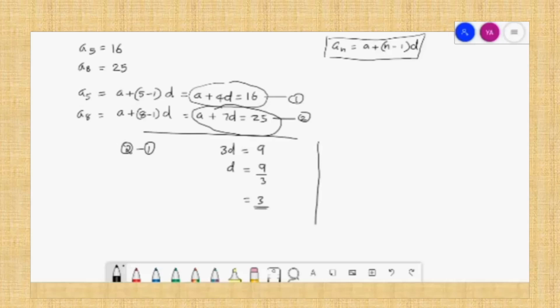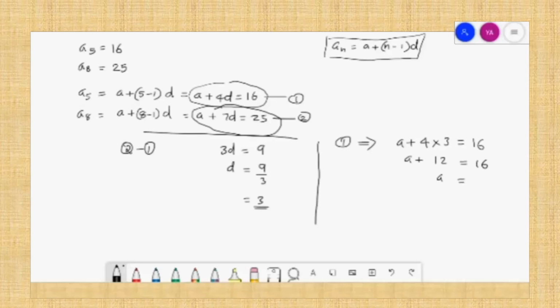So equation 1 becomes a + 4d, with d equal to 3, so a + 4 times 3 = 16. Next step, a + 12 = 16.